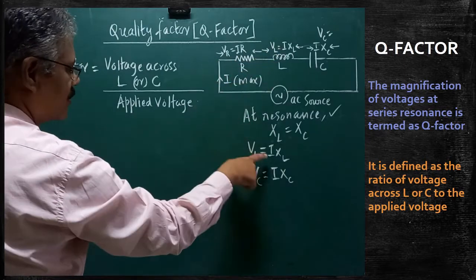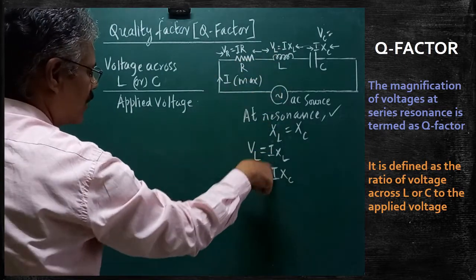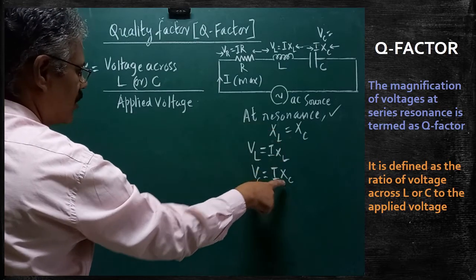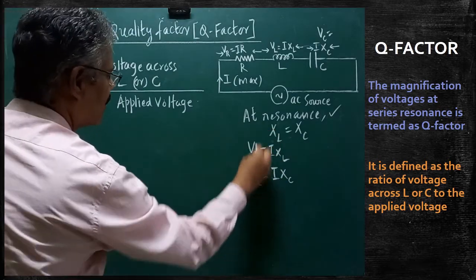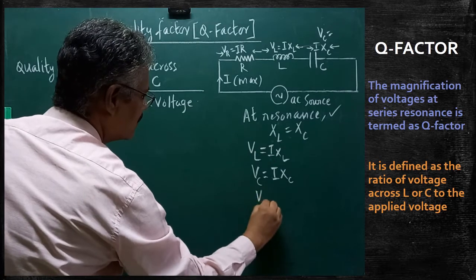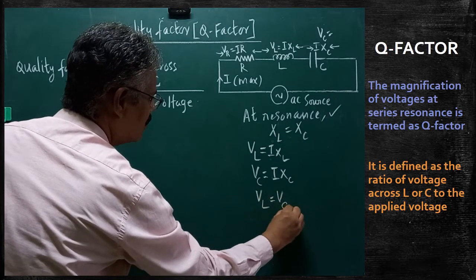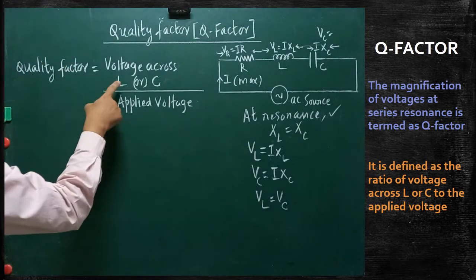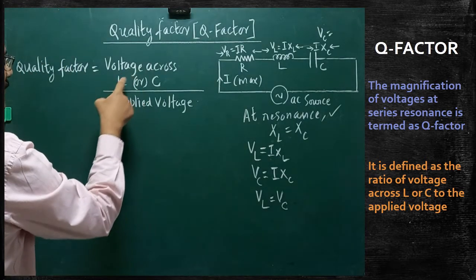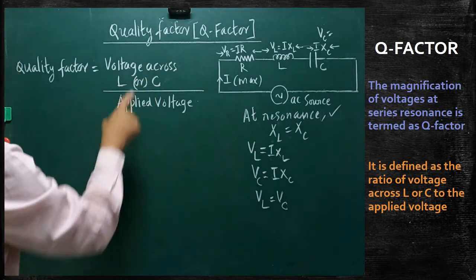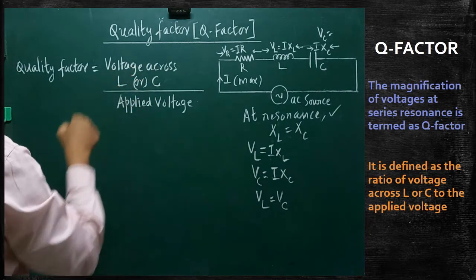Since it is a series circuit, the current passing through both components is the same. At resonance, XL equals XC, so VL will be equal to VC. So you can take either one of them; both are equal.